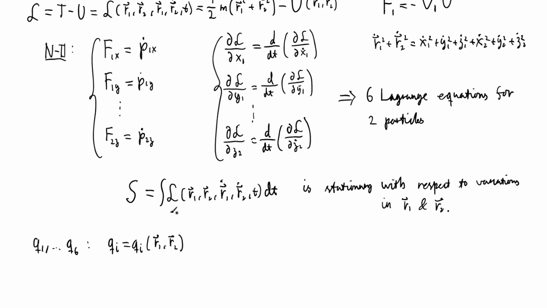So we can make up a coordinate system where a single coordinate depends on some part of the motion of two particles. That's perfectly okay, as long as we can apply this change of variable inside this integral here and get the same result. Then the action is still stationary in the same way, and that gives us then the same Lagrange equations.